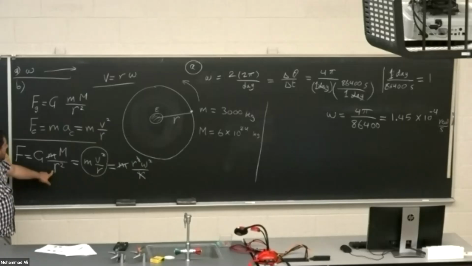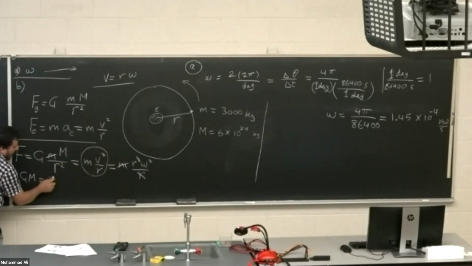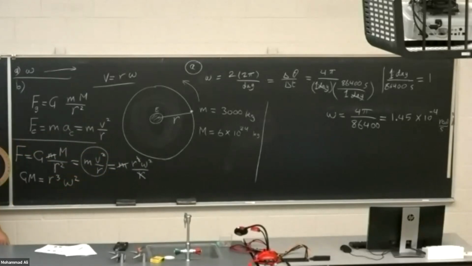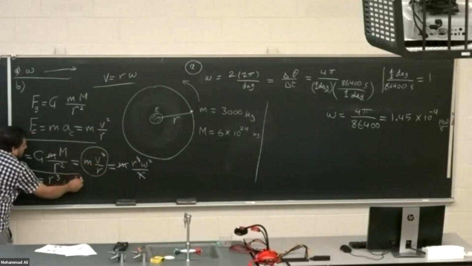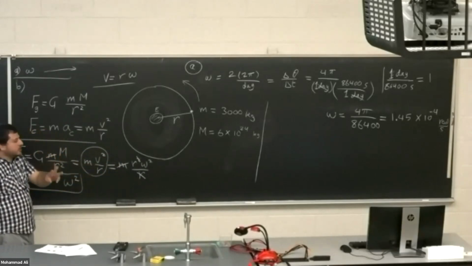Multiplied by R here, there will be G M is equal to R squared multiplied by R, it is R cubed omega squared. The mass of the Earth is given. G is given, it's a constant. Omega is given. We can find R. From this relation, we can reach Kepler's third law, which we will see.